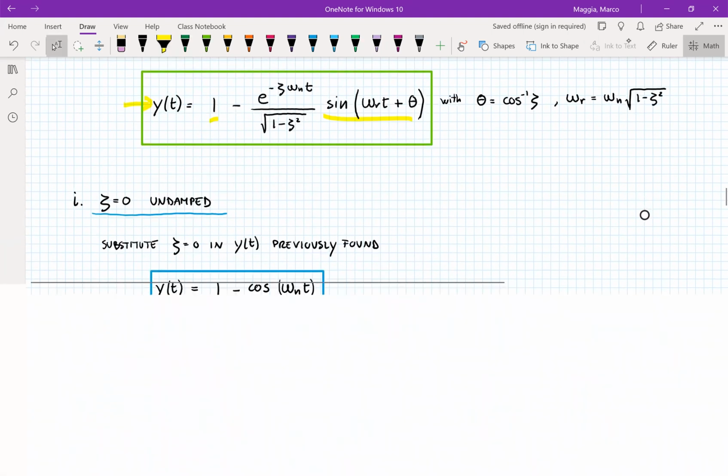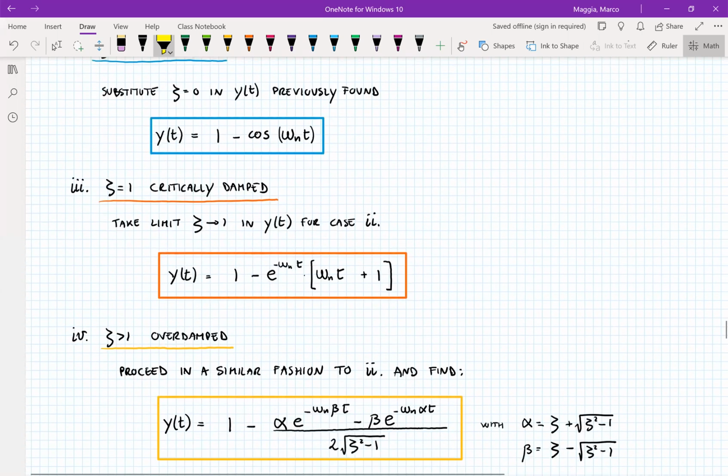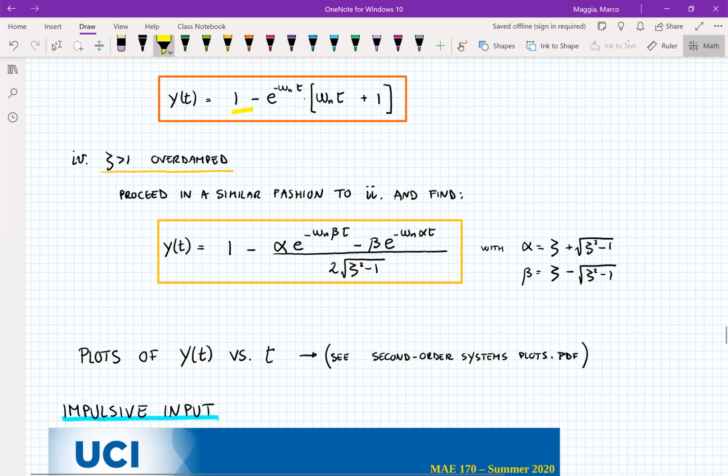Then for the undamped case, we have 1 minus a harmonic function, in this case cosine. Critically damped, something again slightly similar, but always with 1 minus. And for the overdamped, it's slightly more complicated. If you want details on how I found the expression for the overdamped case, just email me and I'll give you the steps.